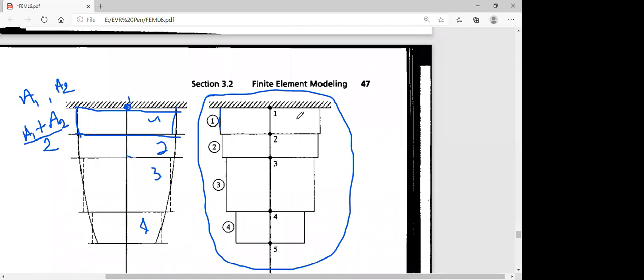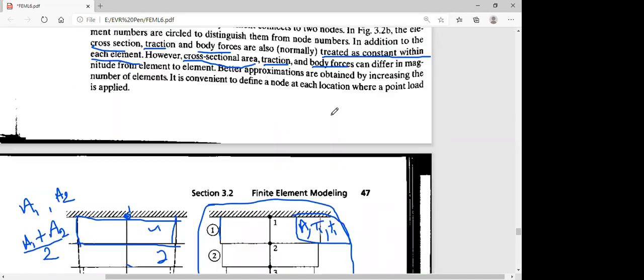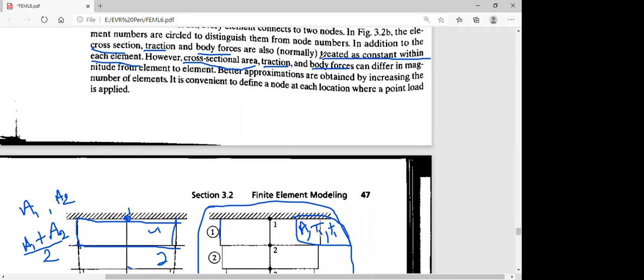So within each element, the cross-section area should be constant, the traction force T1 constant, and the body force F1 constant. These 3 should be constant in each element.